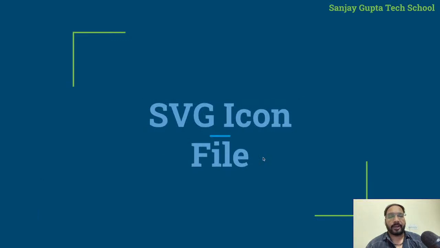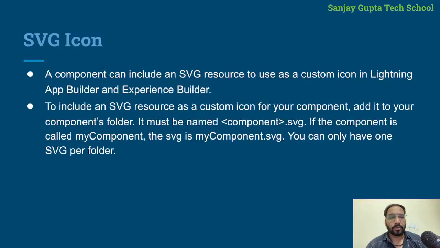Next is the SVG file, which is also important for you to understand. A component can include an SVG resource to use as a custom icon in Lightning App Builder and Experience Builder. To include an SVG resource as a custom icon for your component, you can add it to your component's folder. It must be named in a similar way to the other files.